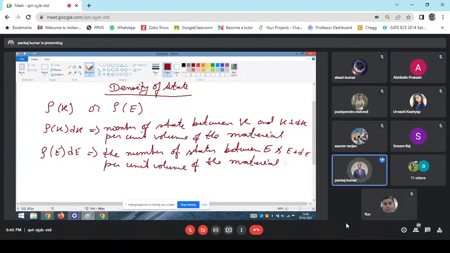So what you will find is that this rho k dk is the same as rho E dE. Okay, so I will again illustrate this with the help of a graph.